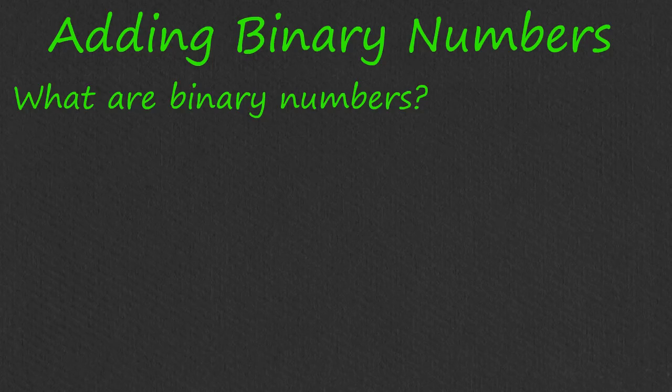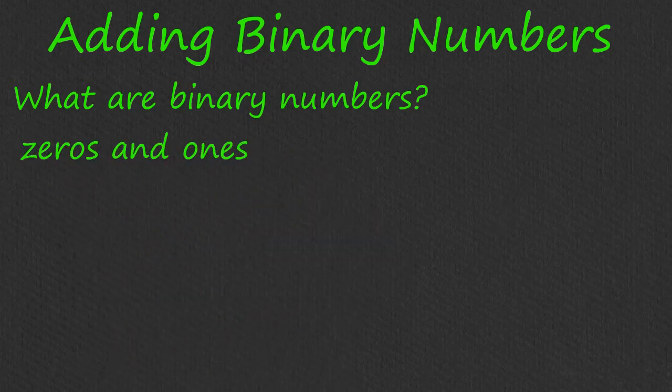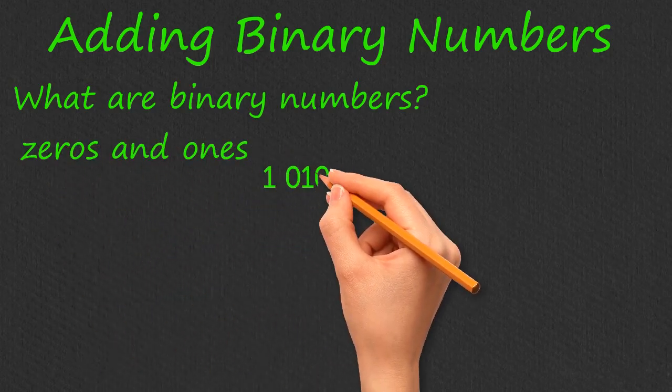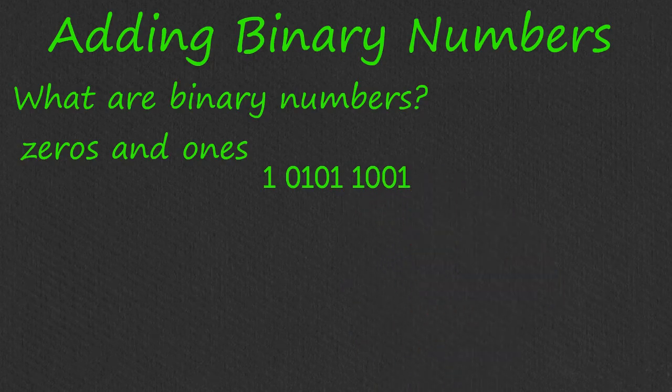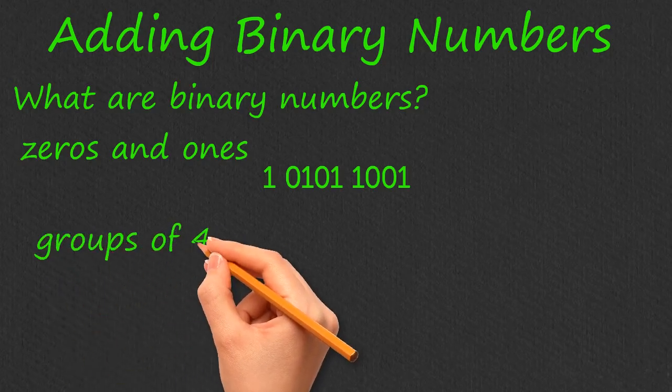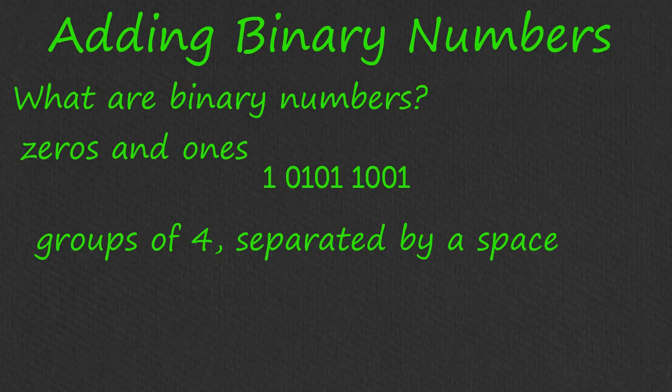Well, at the most basic level, binary numbers are a bunch of zeros and ones. For example, 1, 0, 1, 0, 1, 1, 0, 0, 1 is a binary number. Throughout this video, I will group the binary numbers into groups of 4, starting from the rightmost digit and leaving a space in between each group.